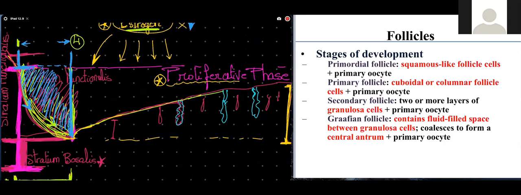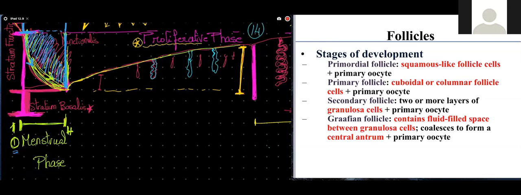Again, what is the name of the layer of the endometrium that I will be increasing the thickness of, that I will be proliferating? Stratum functionalis, exactly. Stratum functionalis.